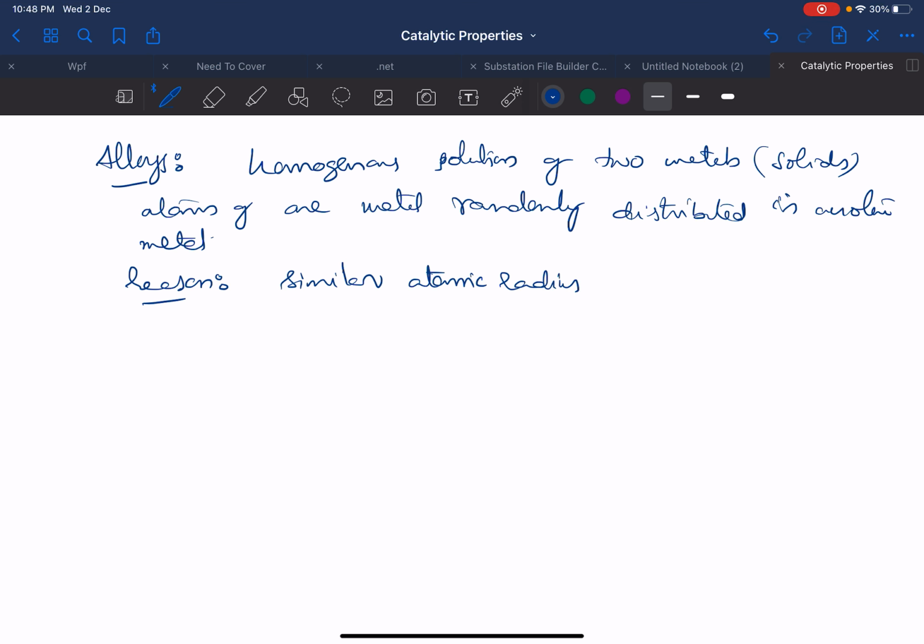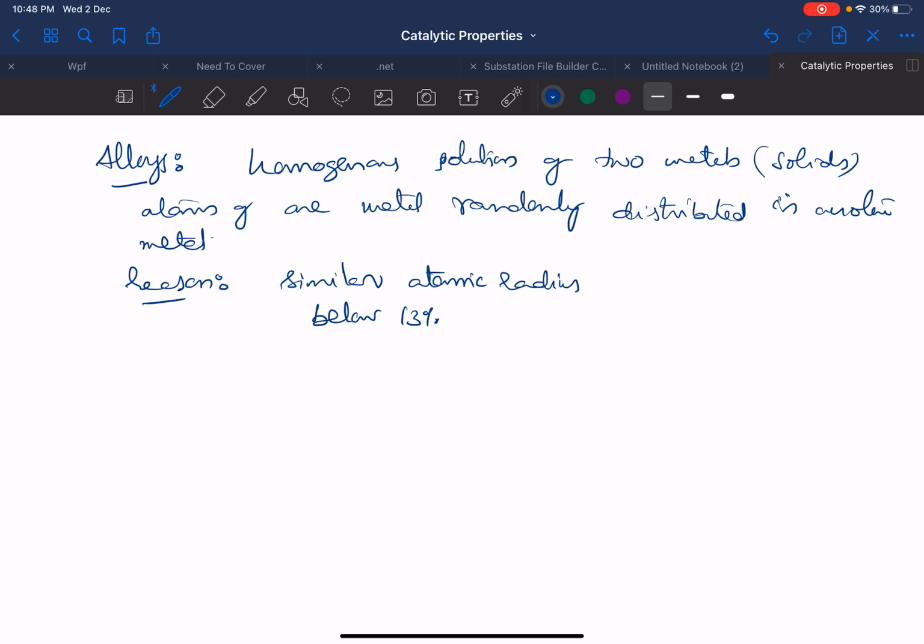The difference in atomic radius from one element to another element of the same series is below 13%. So they have very small variations in atomic radius, so they can easily combine with each other and easily give alloys.